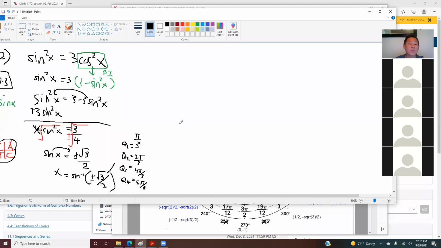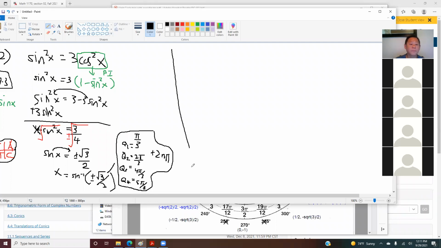And because this question wants us in an infinite solution, then you just do plus 2n pi or 2k pi or whatever, n or k. So pi over 3 plus 2n pi, 2 pi over 3 plus 2n pi, 4 pi over 3 plus 2n pi, and then 5 pi over 3 plus 2n pi. So this is your answer in this case for this question.